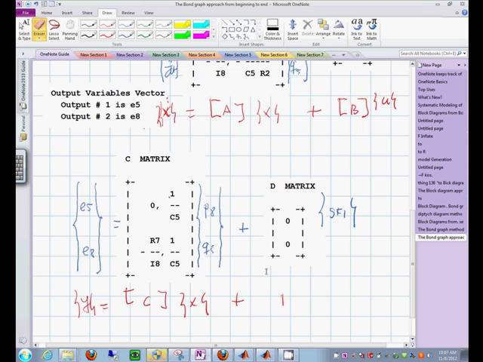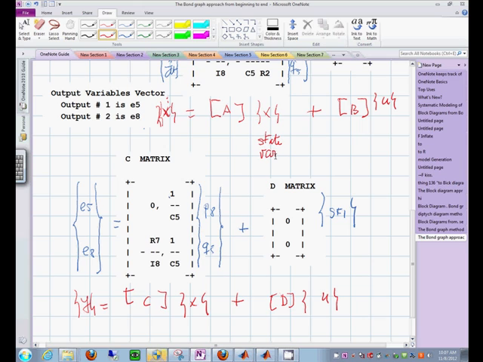Let's go and put it right. This is the D matrix, and then multiplied by the vector of inputs in here. So everything depends on the state variables.